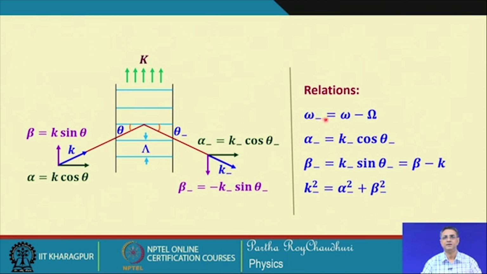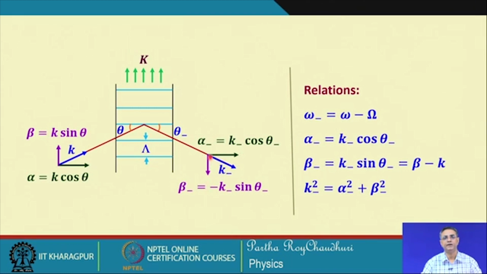So, ω₋ equal to ω minus capital Ω, and this is very clear, α₋ equal to k₋, all that we have written from here in this form. So, β₋ equal to this, which is equal to β minus K, and this is again true for the diffracted wave, that is the minus order diffracted wave, k₋² will be equal to α₋² plus β₋².